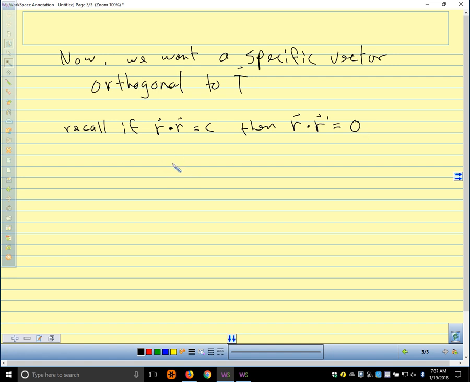And I said we see this by finding the derivative with respect to t of the equation r dot r equals a constant. The derivative of a constant is 0, the derivative of r dot r is r dot r prime plus r prime dot r. So you get 2 of those equals 0. So r dot r prime is 0.